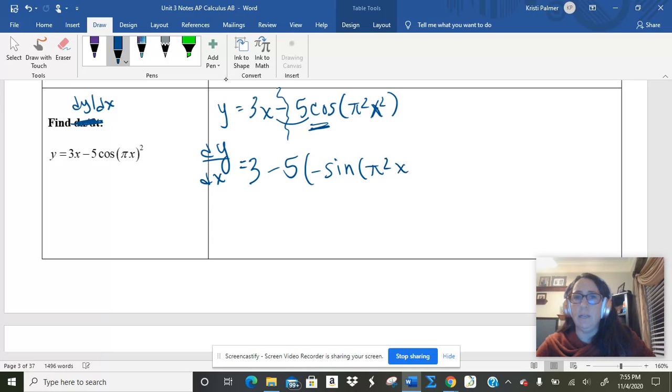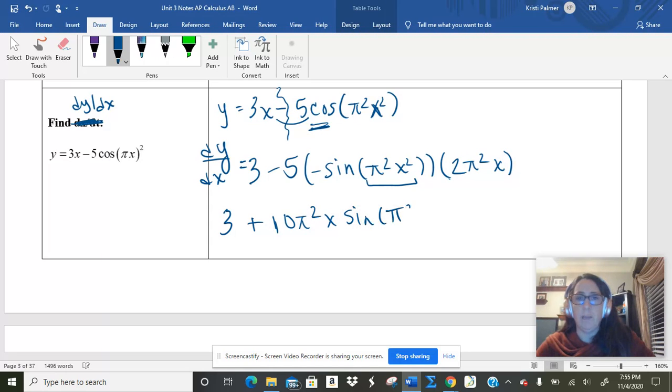Leave the inside alone, times the derivative of the inside. Then I'm definitely going to put this together. So this would be 3 plus 10 pi squared x sine of pi squared x squared.